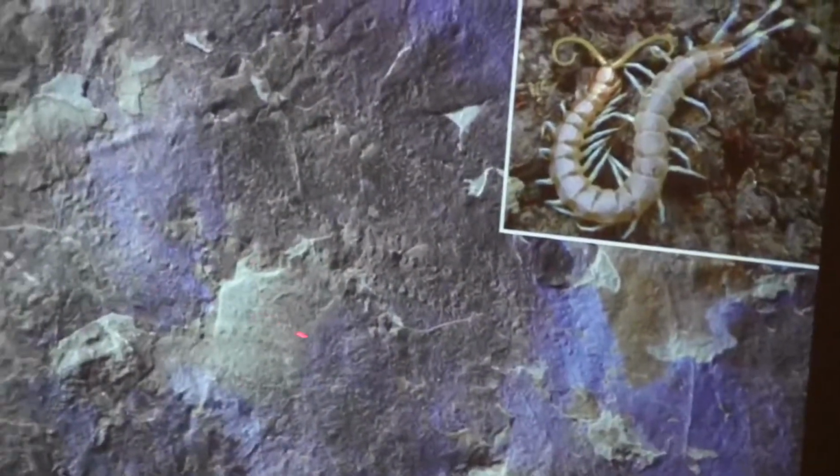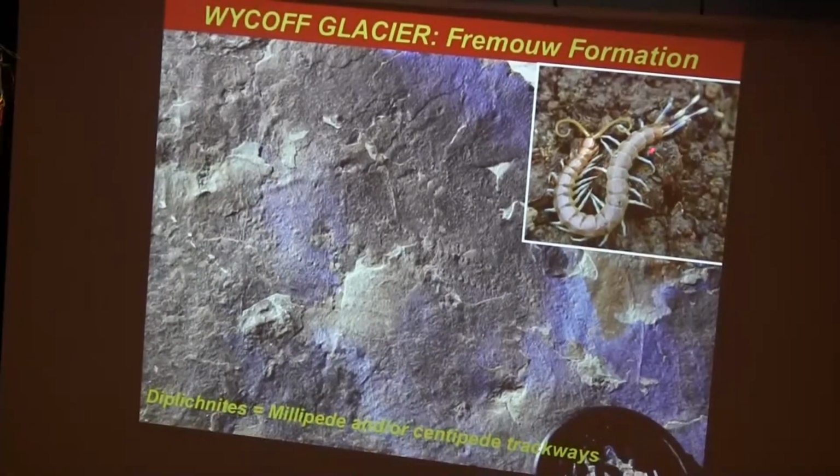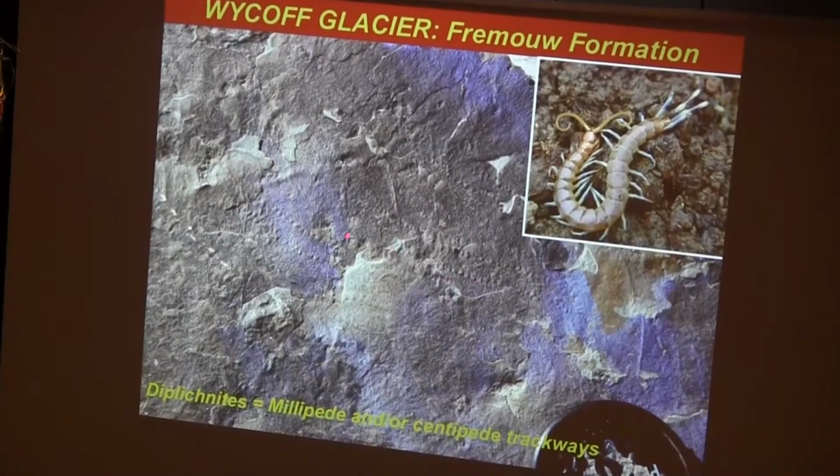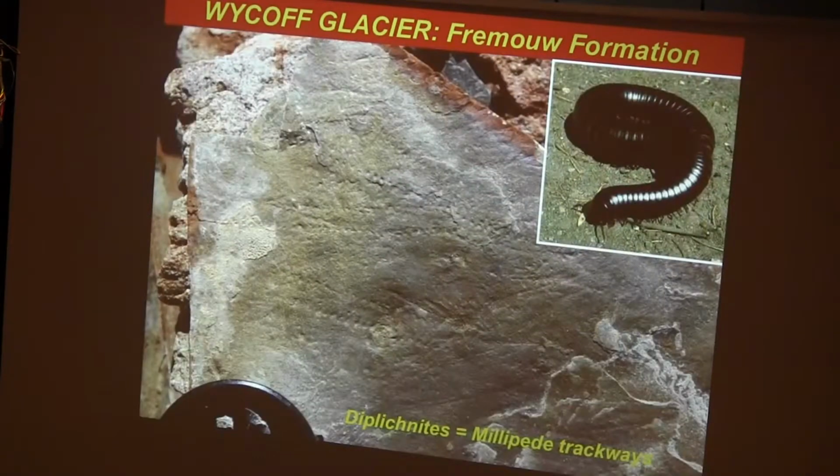This kind of Diplichnites, you can see the trail here, possibly made by centipedes. See the footprints here, set right over here. And there's another variety, probably made by millipedes, with much more complex leg and feet fall patterns through here.